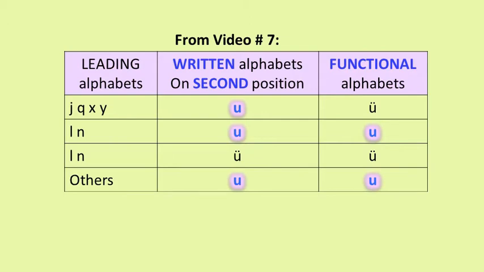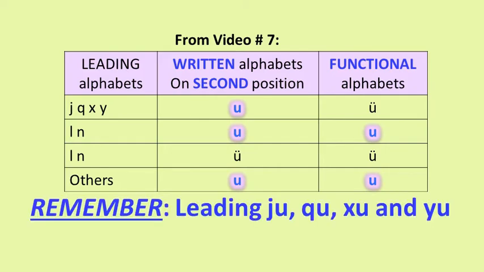Then, any written alphabet U immediately following other than those four alphabets J, Q, X, or Y must be functional alphabet U. So, the previous video detailed the vowel alphabet Ü together with its coherent usage in Pinyin. And now, we continue the discussion of written alphabet U, which is also functional alphabet U.